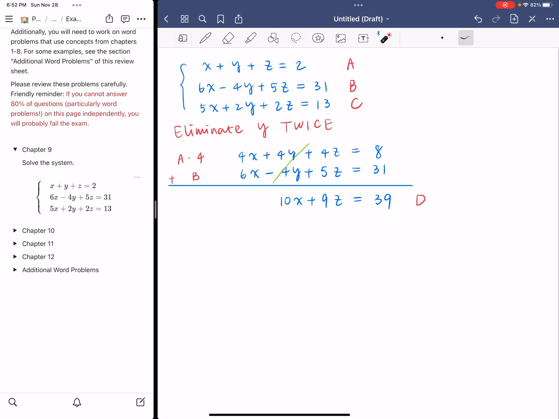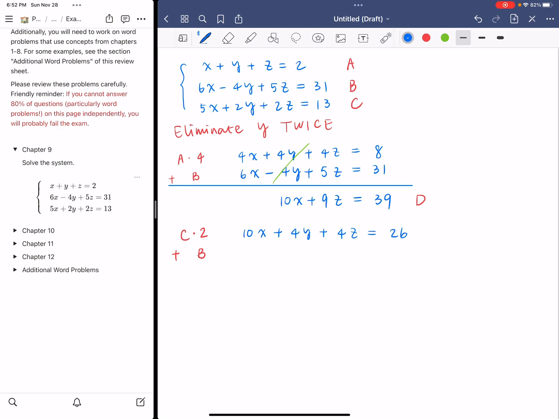So the operation that we're going to be doing will be multiplying equation C by 2, and then we add that to equation B. Let's write down equation C times 2. So equation C times 2, that will be 10x plus 4y plus 4z equals 26.